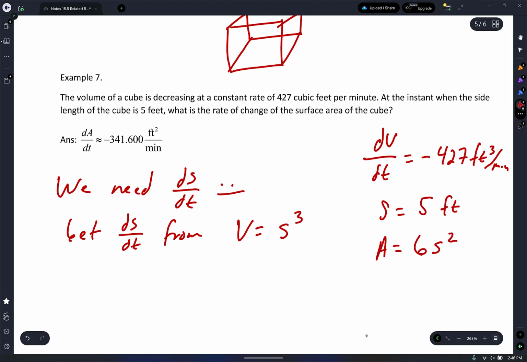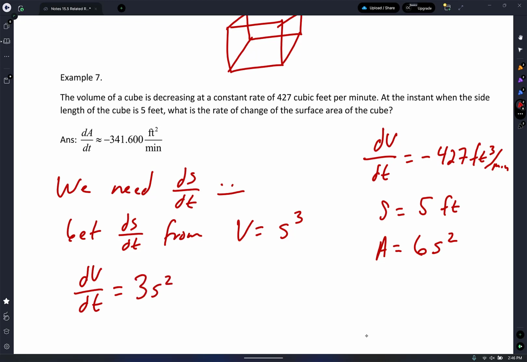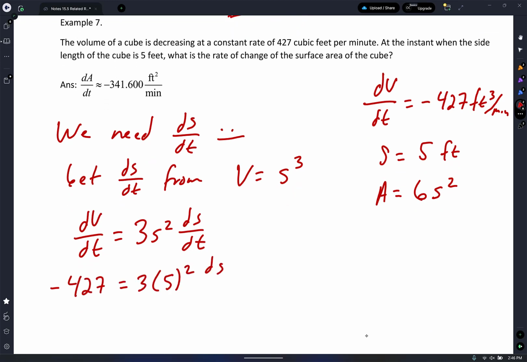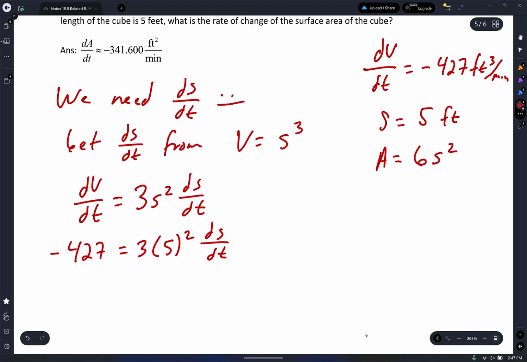So here we go. dV/dt equals, what's the derivative of s cubed? 3s squared ds/dt. Perfect. I already know what dV/dt is, guys. It's negative 427. So negative 427 equals 3 times 5 squared ds/dt. 5 squared is 25, and 25 times 3 is 75.